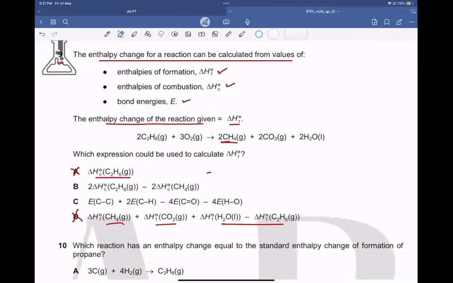Now for bond energies, let me open the structure.